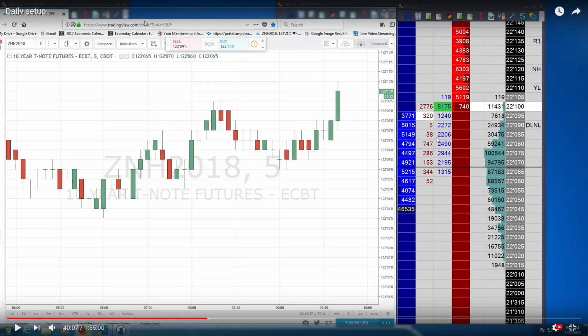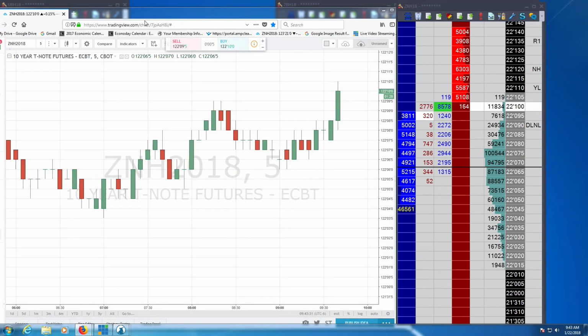Especially after a massive move up like that. That 3-tick move, that's a beautiful Treasury move, how fast it went. Treasuries don't always go that fast. But look at that, 729. It's an iceberg. There's more than 151 contracts there.